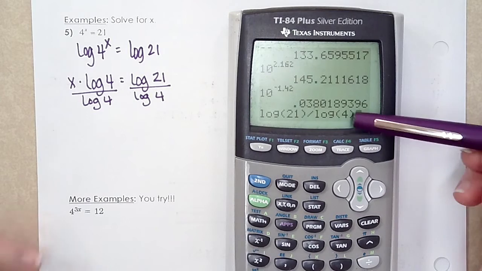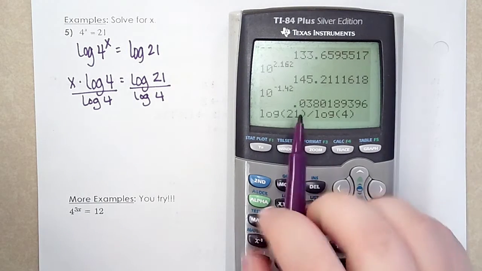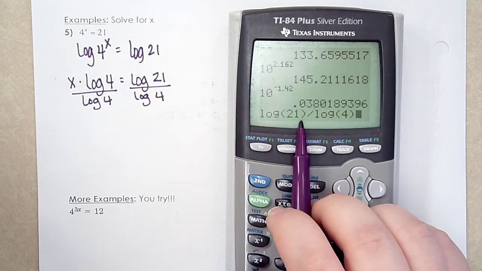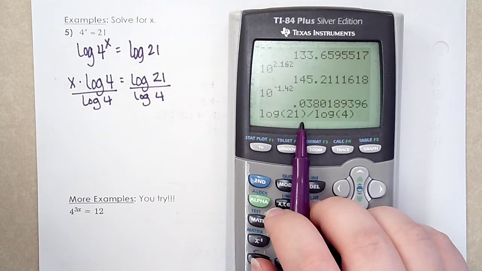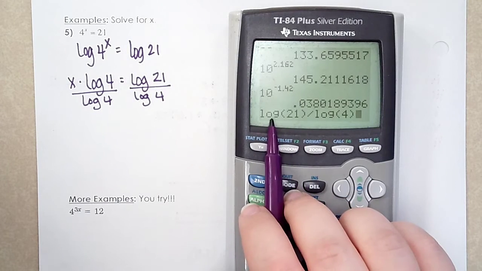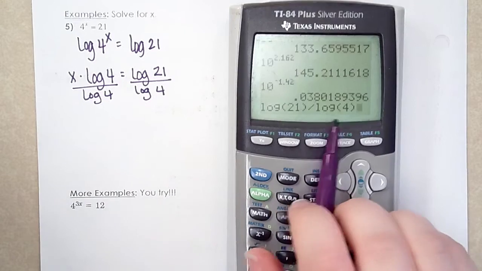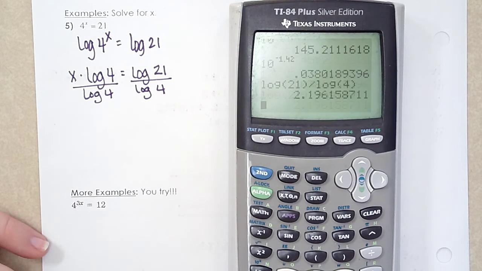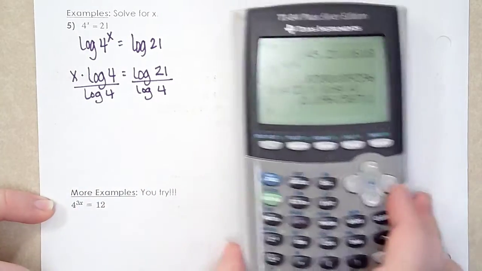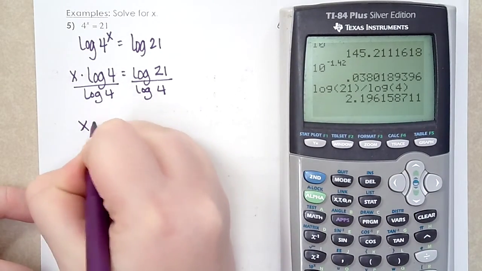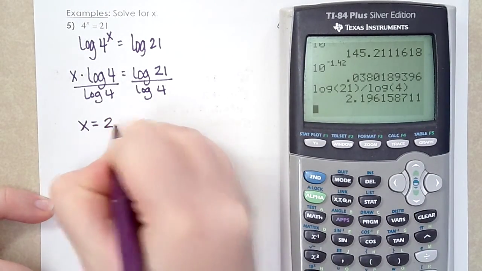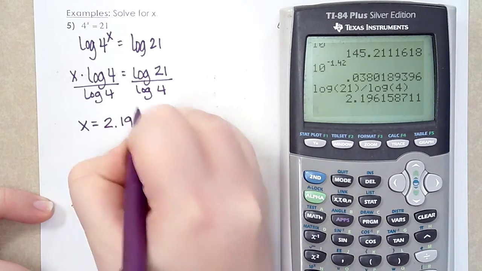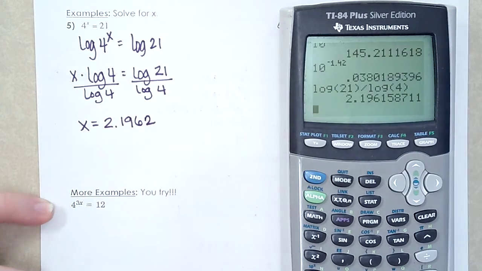And a quick thing in my calculator, notice that when I put this in, I completed my parenthesis after my 21. If I had not done that, it would have told the calculator to take the log of 21 divided by the log of 4. We need it to be two distinct ideas in the calculator, so make sure you're careful with those parentheses. When I hit enter or equal, I get my answer where x equals 2.1962 here.